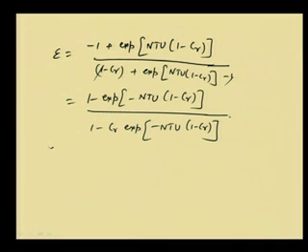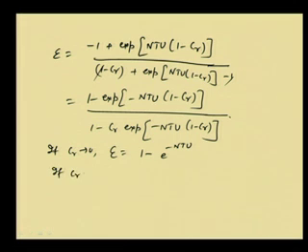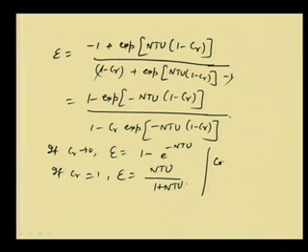Now if CR tends to 0, then epsilon will be equal to 1 minus exponential of minus NTU, and if CR equals 1, then this becomes NTU by 1 plus NTU. So there are various cases like this. So this is for counter current flow and single pass case.